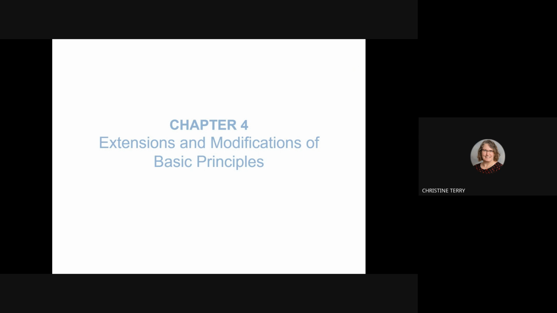So chapter 4, which we'll get to part of today, and I'm not planning on going the full time. Chapter 4 deals with some extensions of what Mendel looked at, mainly related to traits that are linked to the sex chromosomes.